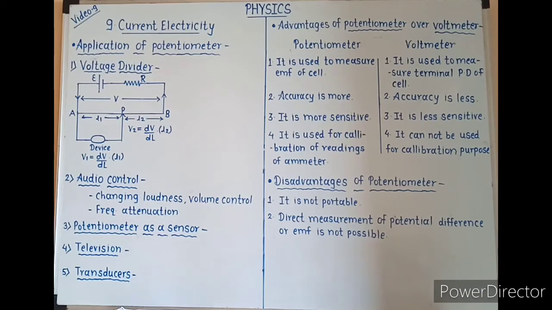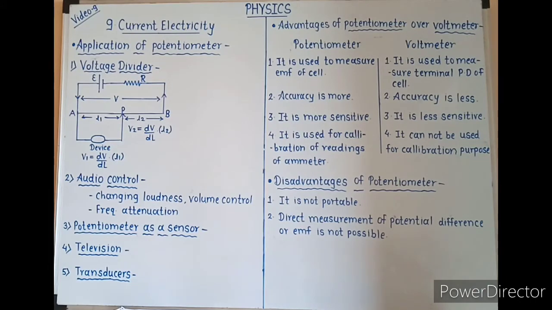The first point is that a potentiometer can be used to measure the EMF of a cell, whereas a voltmeter is used to measure the terminal potential difference of the cell. That means a voltmeter always measures the terminal potential difference and cannot be used to measure the EMF of the cell.